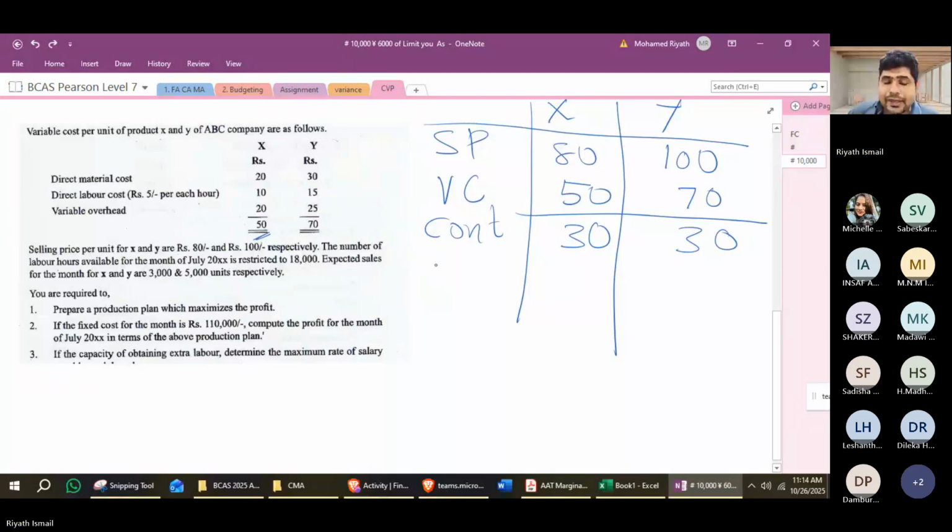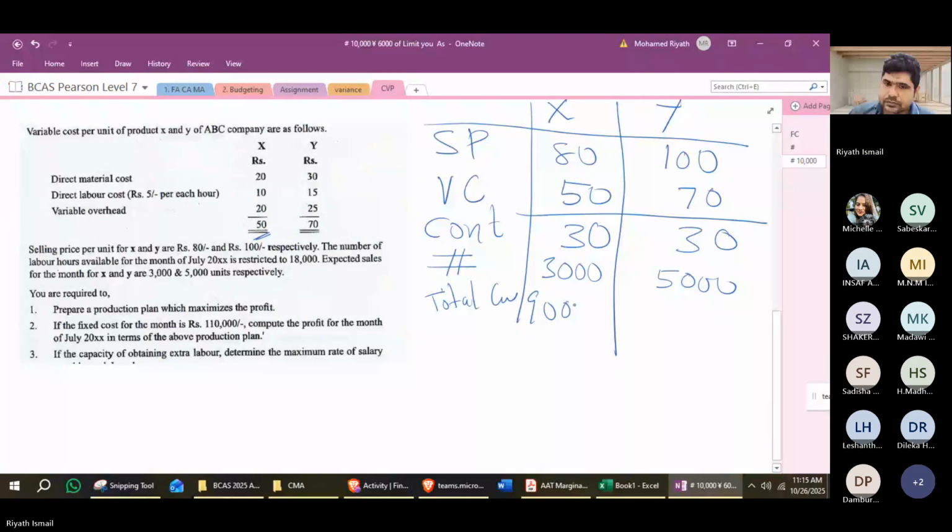How many units can they produce? 3,000 of X and 5,000 of Y. Then how much total contribution can they make? X gives 90,000.